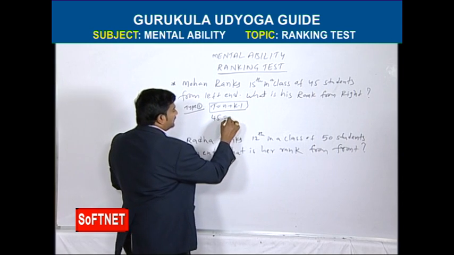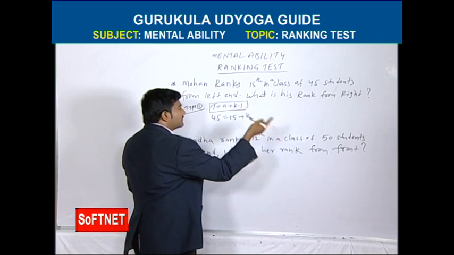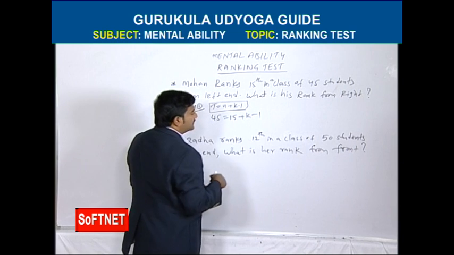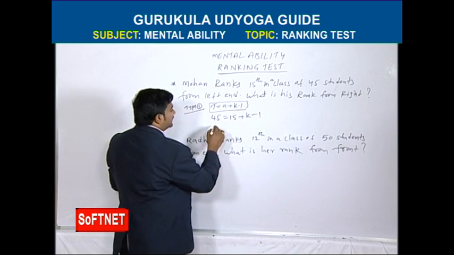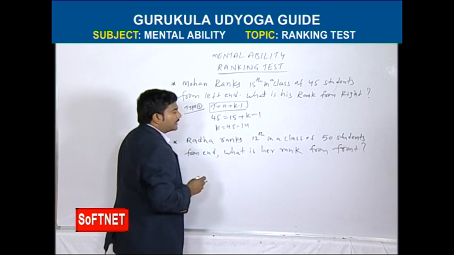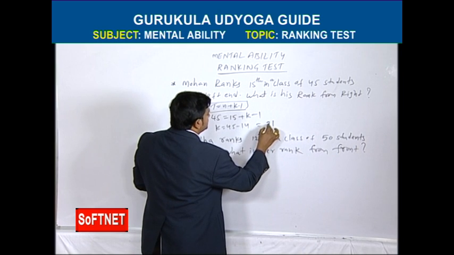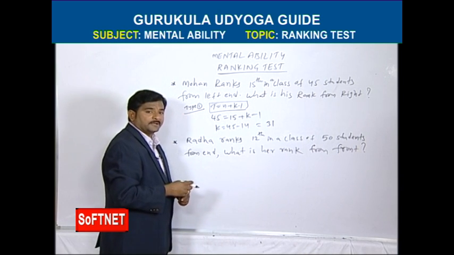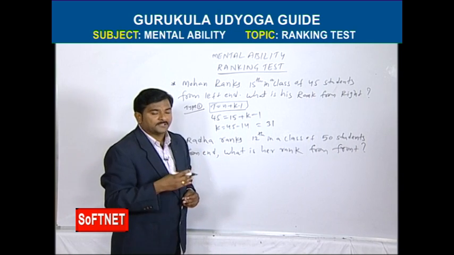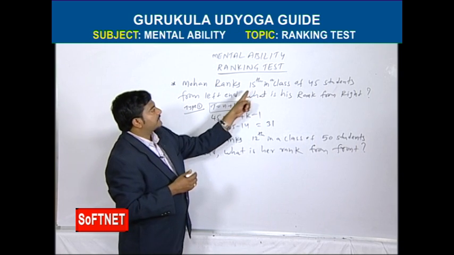I have to find the position of the same person from the other end, minus 1. So 15 minus 1 is 14. Here k is equal to 45 minus 14, which is 31. What does it mean? The position of Mohan from the right end is 31. What about his rank from the left end?